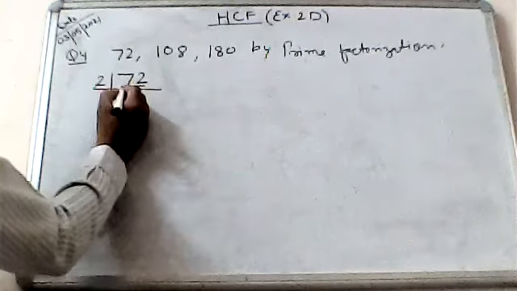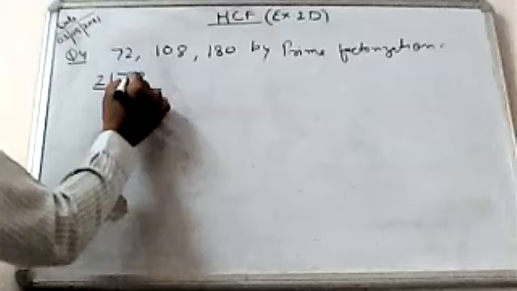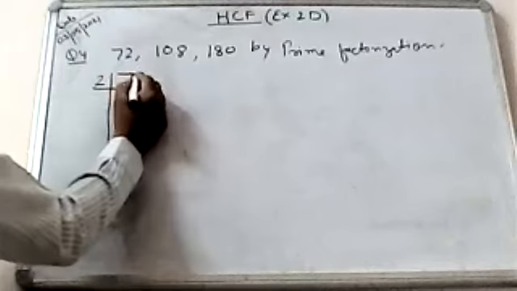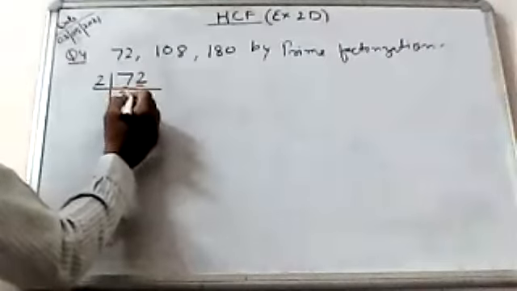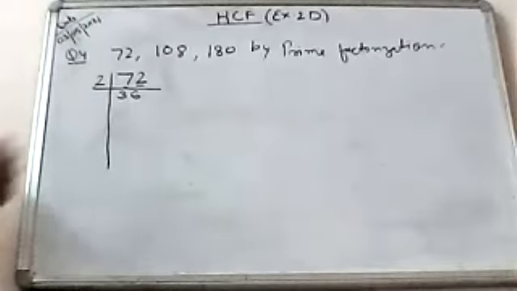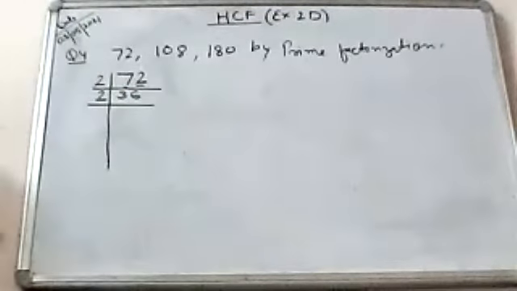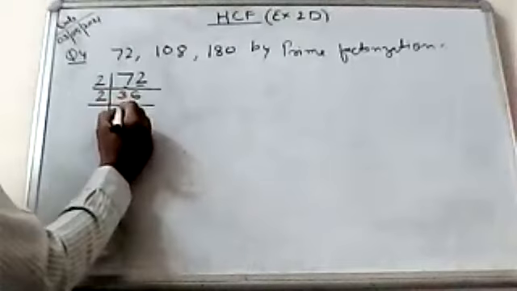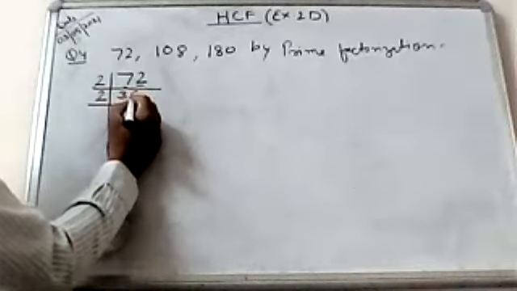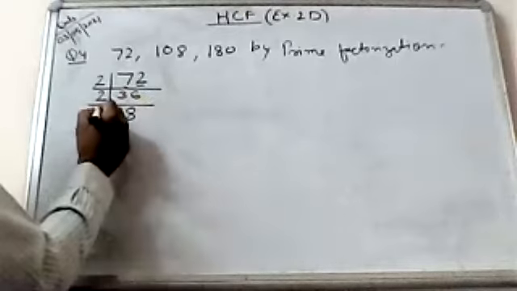So here is 7, 2 3 ja 6, 7 minus 6, 1 is remainder, and 1 and 2 is 12. So 2 6 ja 12, like this. 36. Now again we are able to divide by 2. 2 1 ja 2, then 1 is remaining, 16, 2 8 ja 16, like that.